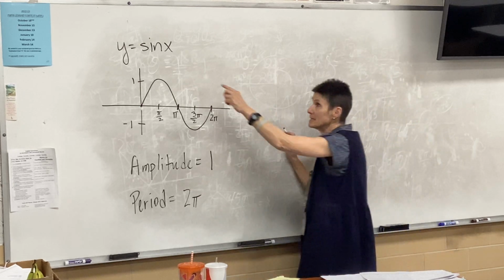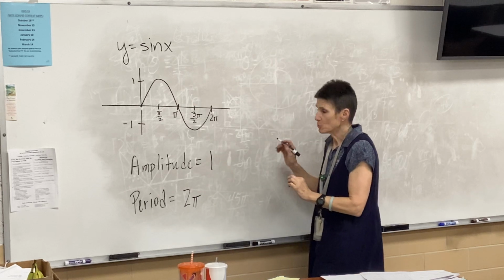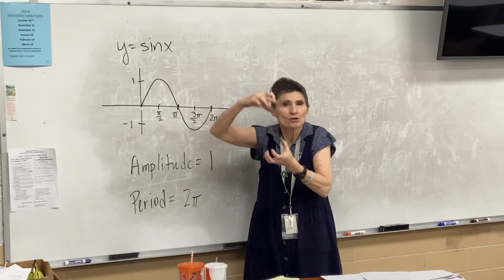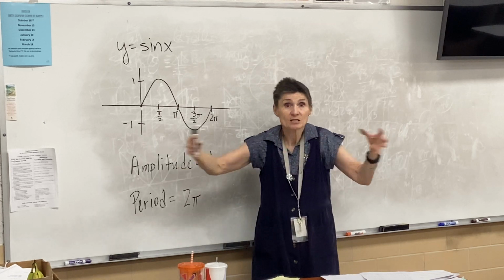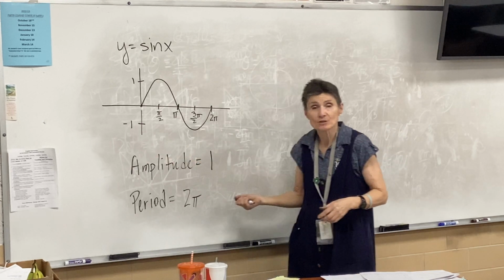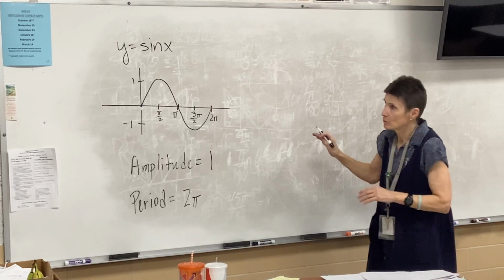When we start putting numbers into our equation, these things are going to change. Because you remember that numbers in the equation stretch it this way, that'll be an amplitude change, and stretch it this way, that'll be a period change. But before we do any of that, we've got to get our cosine graphed.